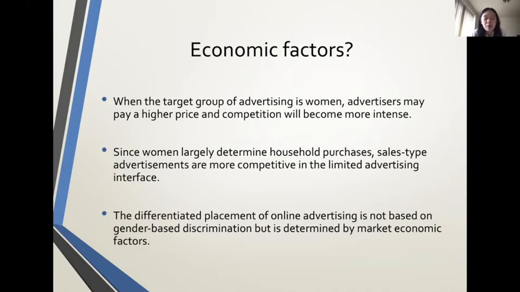At the same time, the algorithm can automatically learn the gender of the different users. So since women are more likely to pay for ads, when the target customers of online advertising are women, the advertisers will pay higher prices. Then that's why men will see this type of ads more often.